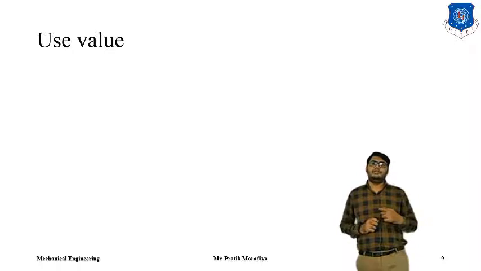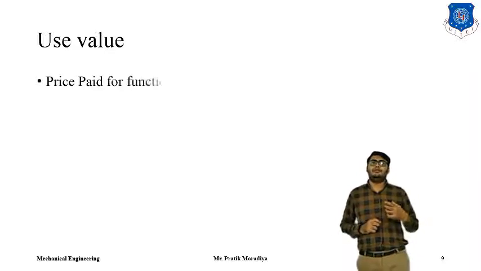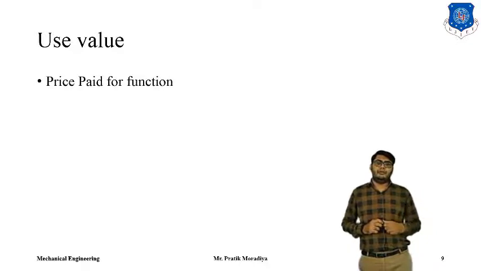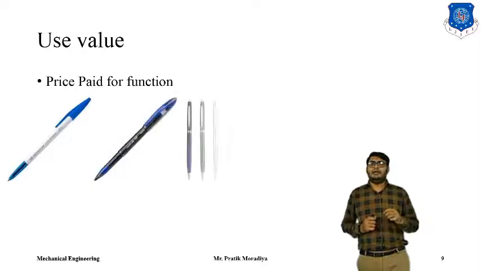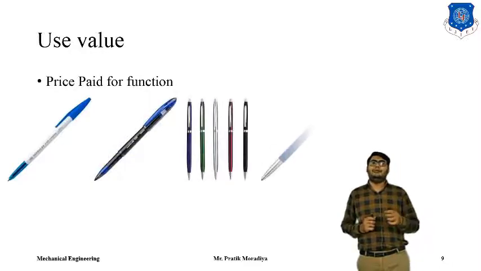Use value is the value that you are willing to spend for the function only. So if you talk about a pen, there is a pen which can be obtained for 2 rupees only, and it can write.